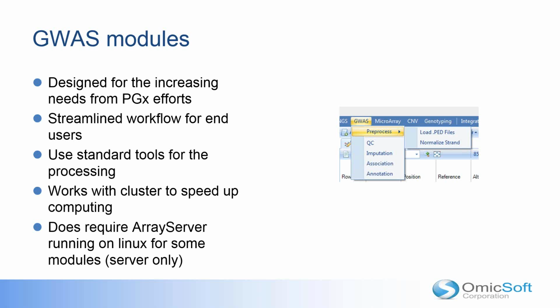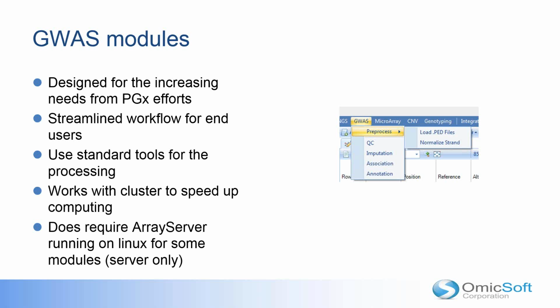Usually the whole analysis process is quite different from sequencing-based technology. So we designed a streamlined workflow for end users. Even users who are not in the statistical genetics area can still use the standard pipeline to run the QC, run the analysis, and run imputation. Everything we use is based on standard tools.